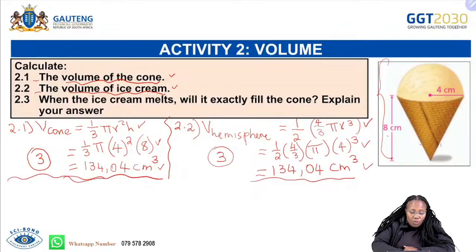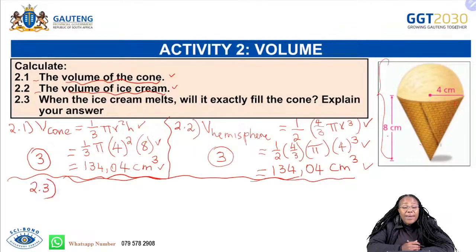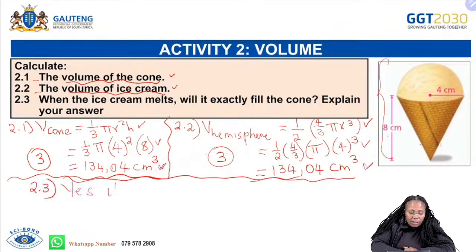And then now with 2.3, when the ice cream melts, will it exactly fit into the cone? Yes. Why? Because the volumes are exactly the same. Yes, it will fit. Explain your answer.